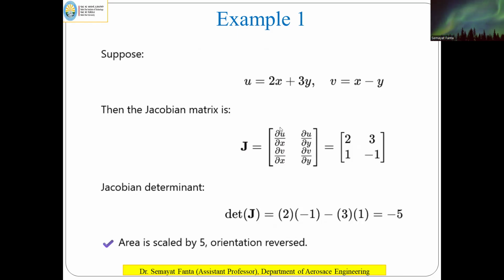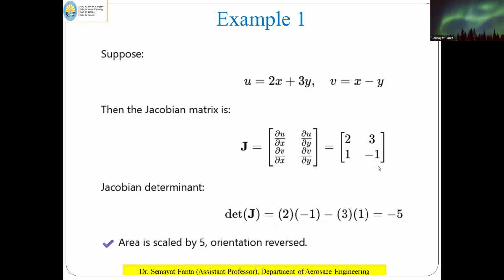du/dx is what? It is 2, only 2. And du/dy gives us 3. dv/dx gives us 1. And dv/dy gives us minus 1.